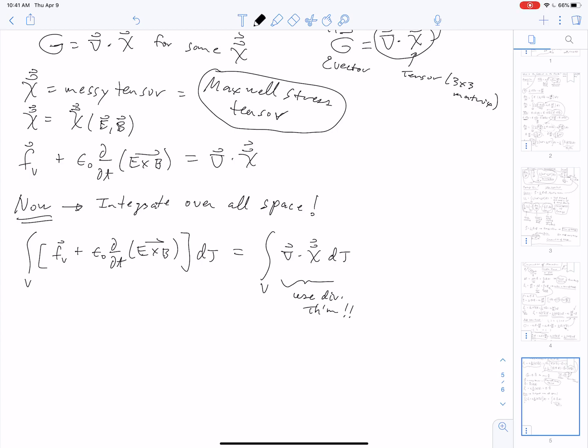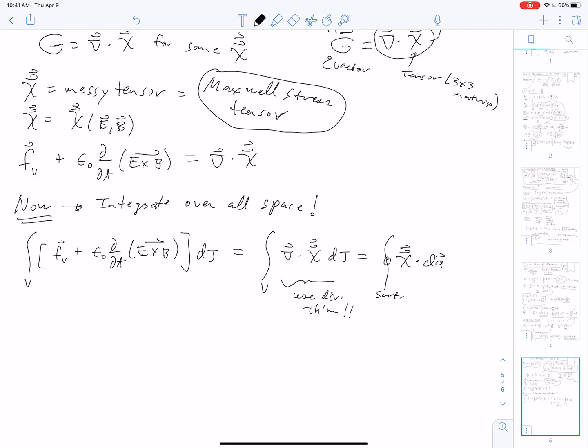If I take the divergence of this tensor over some volume, then that has to be equal to the integral over the surface that bounds that volume of chi dot dA.